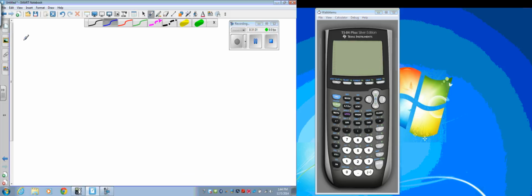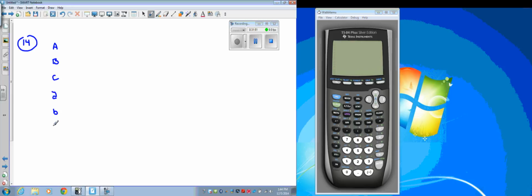Let's look at 14. It says find the unknown angles in triangle ABC for each triangle that exists. And when I give you the problems, I'm not going to ask for something that has unknown angles. I'm going to say, here are the values given to you, and calculate the rest of them.